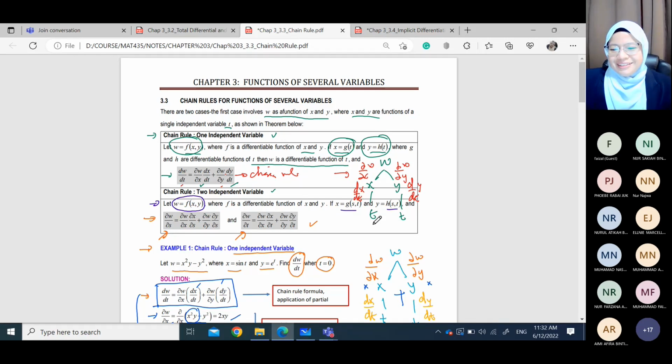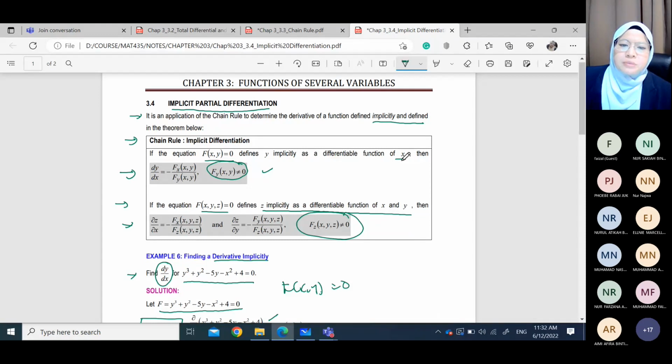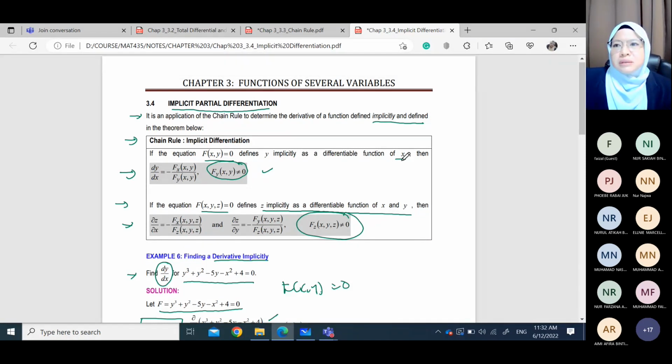Jelas? Untuk implicit differentiation pula, it is a simple method that we can apply in chain rule. Tetapi dia different dengan chain rule tu sebab untuk implicit ni, function yang terlibat adalah the function itself which is f, and the function must be equal to 0.